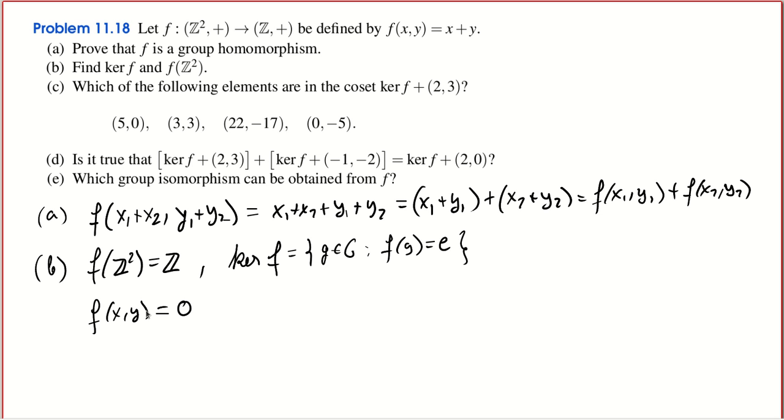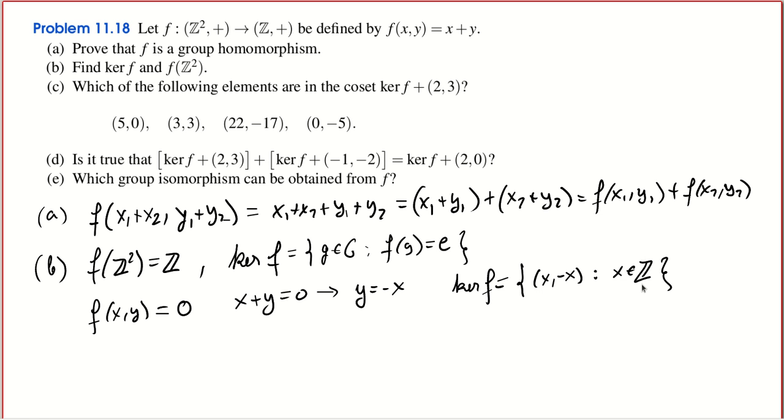And since this function is just the sum, the condition is that y is equal to negative x. So in other words, the kernel of this homomorphism is just the set of pairs (x, -x) in Z², where x is any integer, right? Okay, so that's the kernel.